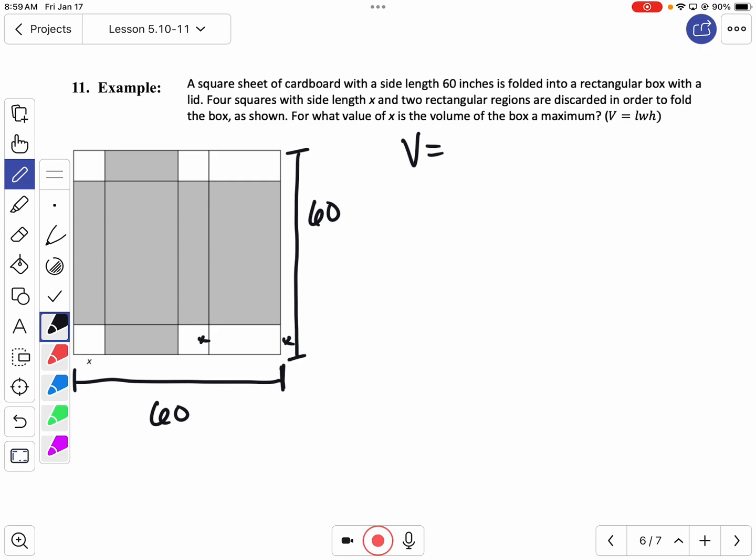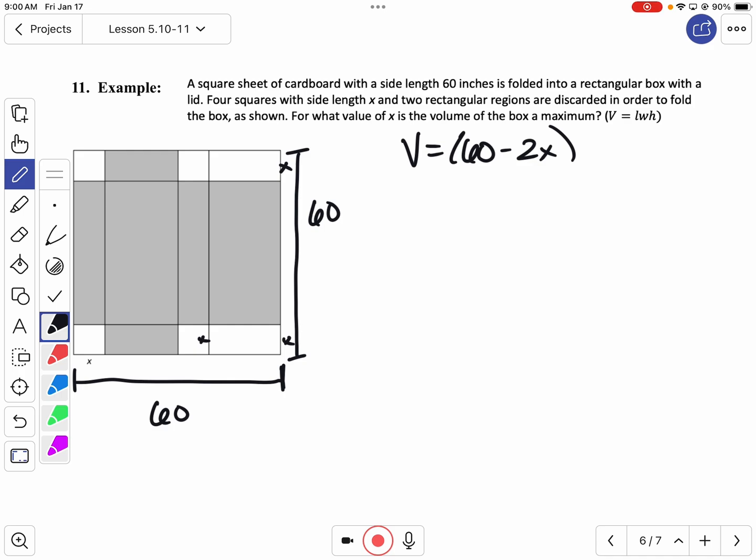The whole big piece of cardboard on that side, I started with 60, but what did I cut out of it? 2 X's. So that's definitely one of my dimensions.